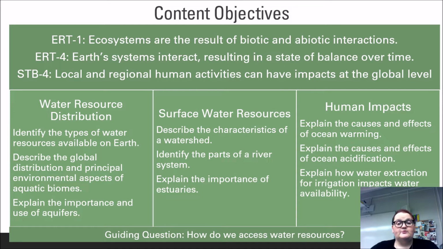This leads us to being able to answer our guiding question: how do we access water resources?